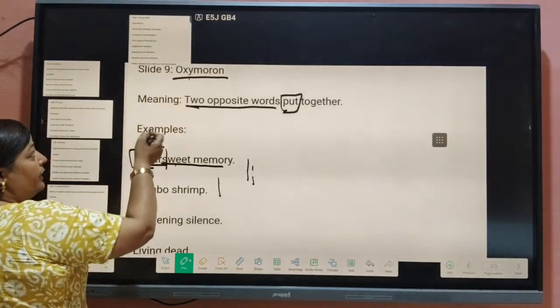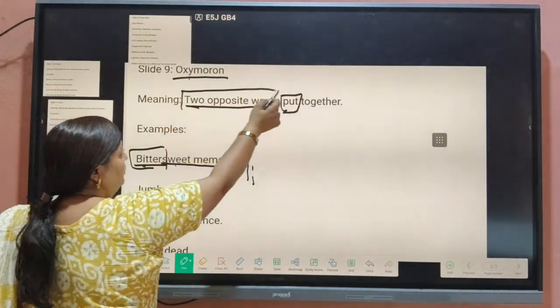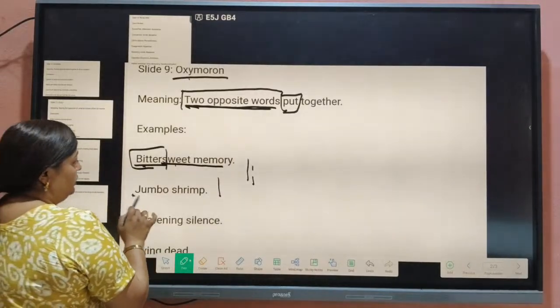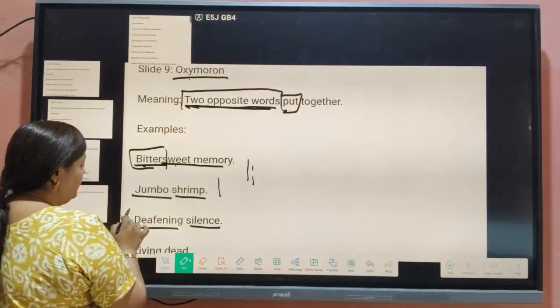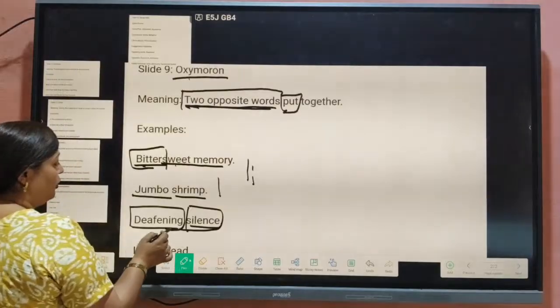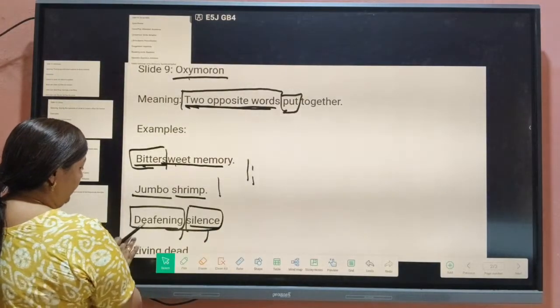What is the identification of oxymoron? Oxymoron's identification is that we will find two opposite words. Deafening silence. Here is deafening, and he is saying silence also. Both are opposite of one another.